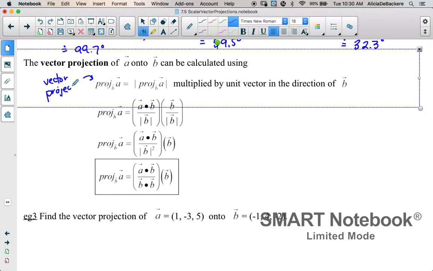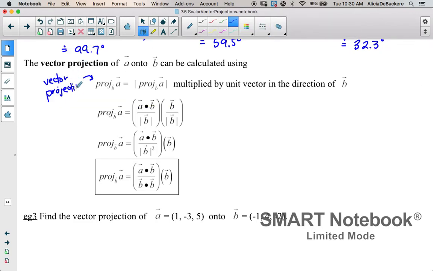And what this first line is saying is the vector projection is equal to the scalar projection multiplied by a unit vector in the direction of vector B, right? Because I want to know the length, this is like the length of the shadow, but then put it in the direction of vector B.